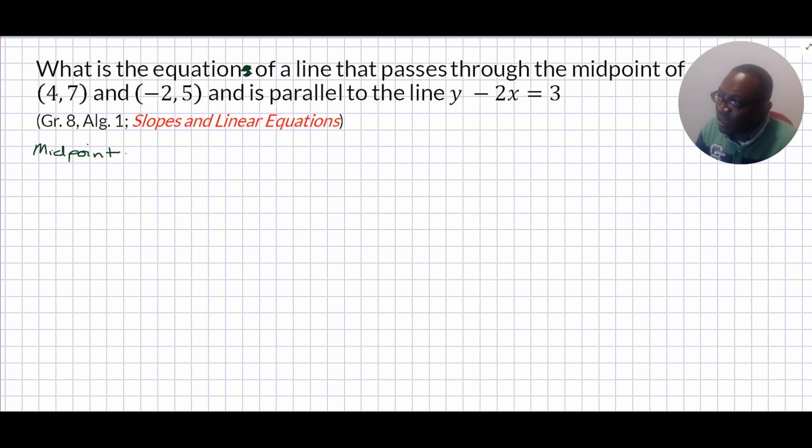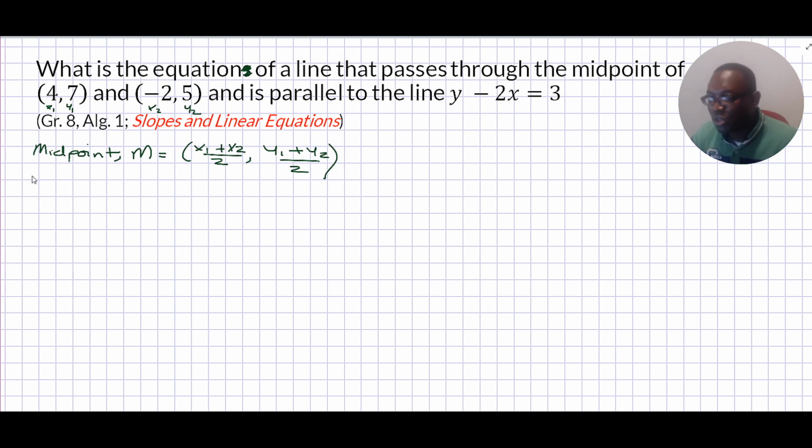Let's call it M, uppercase M, equal to (x1 plus x2) over 2, and then the y value, (y1 plus y2) over 2. So we can make this x1, y1, x2, y2.